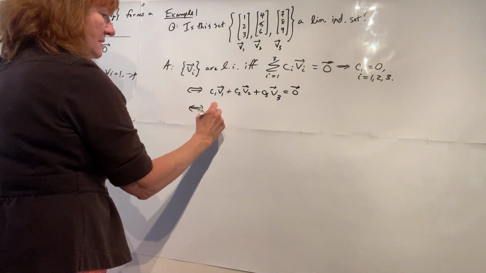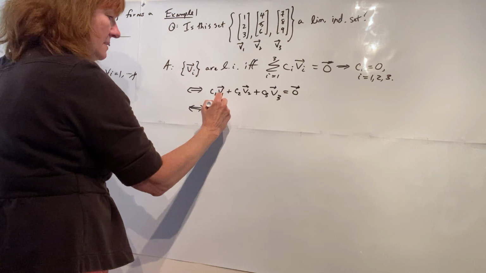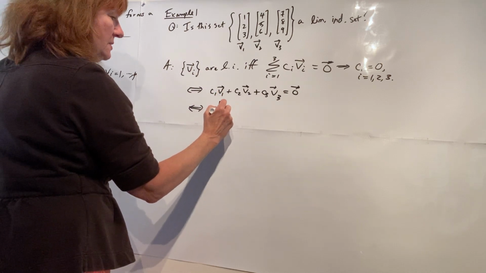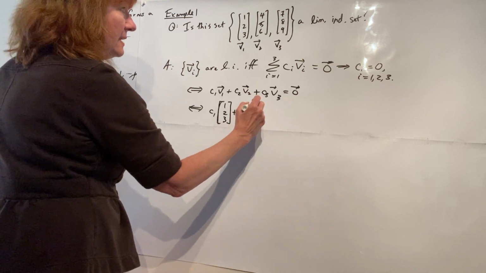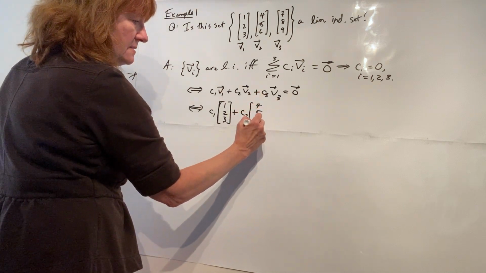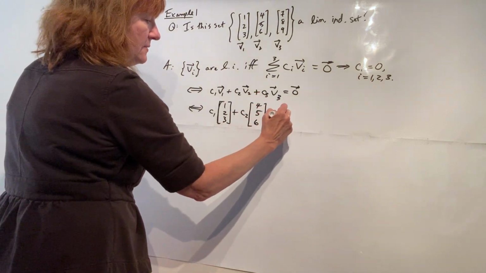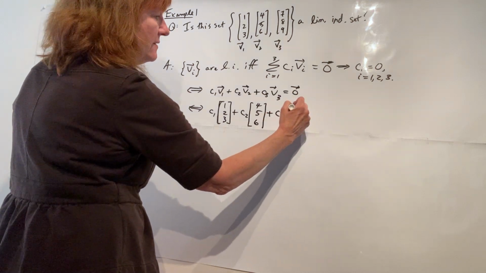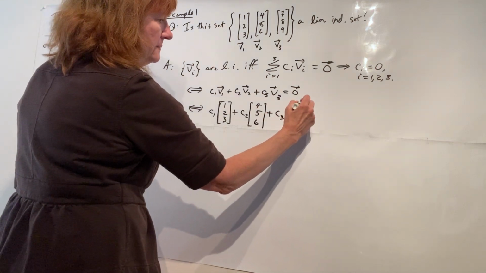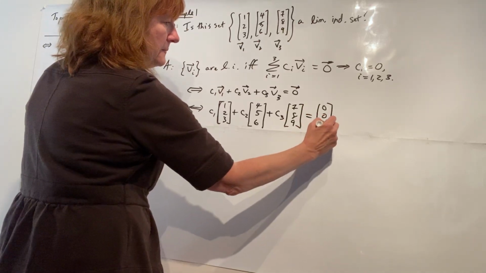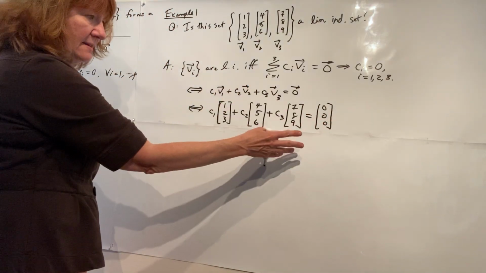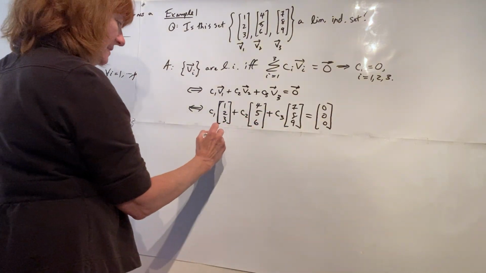It looks like C1 times the column vector 1, 2, 3, plus C2 times the column vector 4, 5, 6, plus C3 times the column vector 7, 8, 9 is equal to 0, 0, 0. So you write it out a little bit and then you go, oh, that's right, this is the same thing.